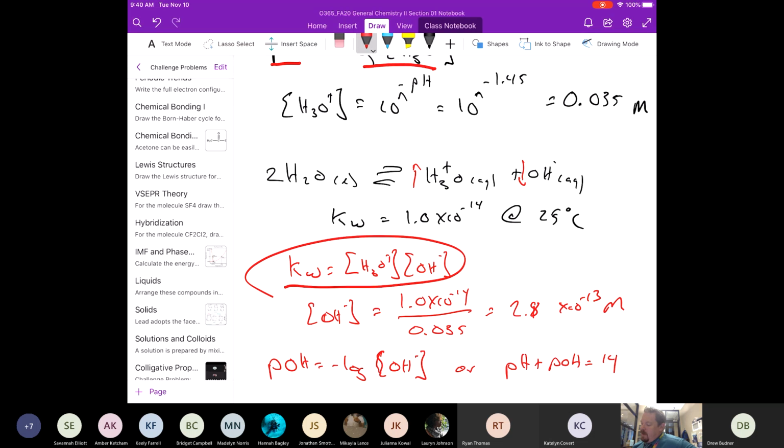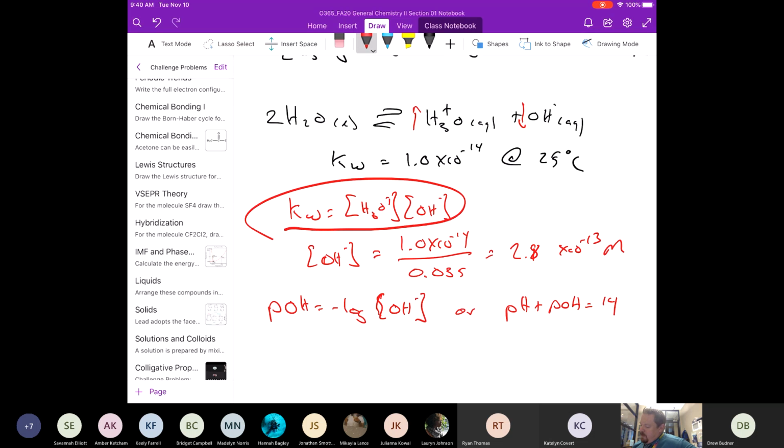Either way, when you do that, the pOH is going to be equal to 12.55. Questions on any of that so far? Either equation you use, you're going to get that same value.